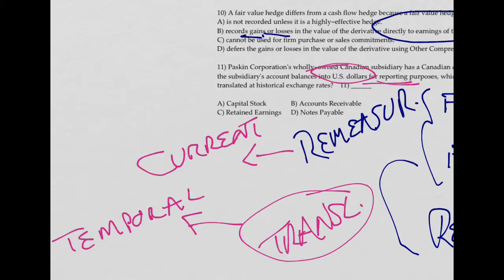If you look in your book, they show you what various accounts get translated at. It turns out that it doesn't matter whether it's current or temporal. The one account of all these accounts that always gets translated at historical exchange rates is the capital account. Just look in your book for that chart. And that is that.